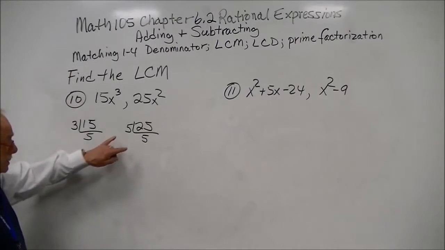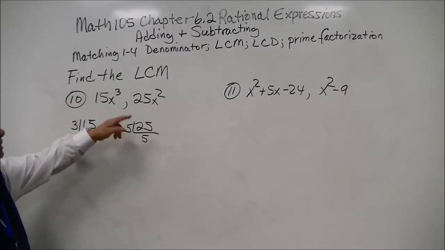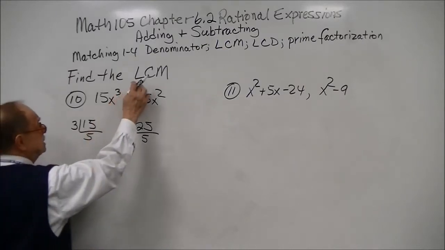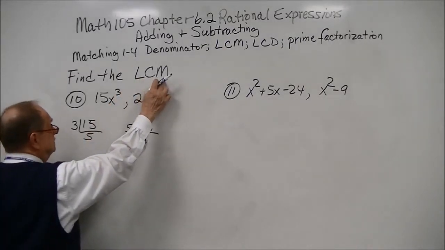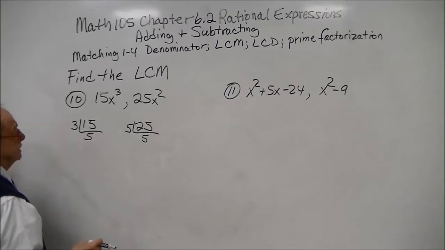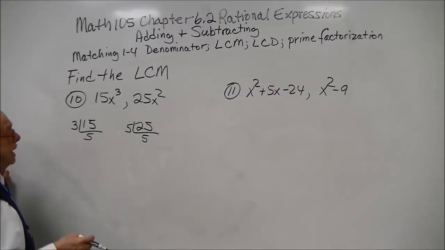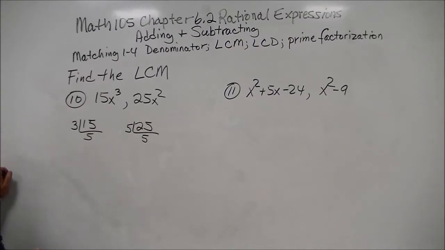And there's my prime factorization of 25. Now the rule for finding the least common multiple is: what is the greatest number of times a factor is used in any one factorization?